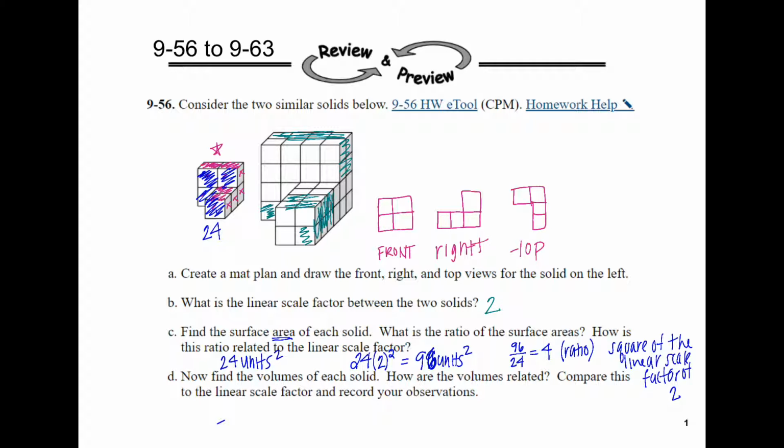Now find the volume of each solid. How are the volumes related? Compare this to the linear scale factor and record your observations. So for the volume of our littler solid, we can see that there are 6 cubes. So we have 6 units cubed. And our larger solid has 48 units cubed.